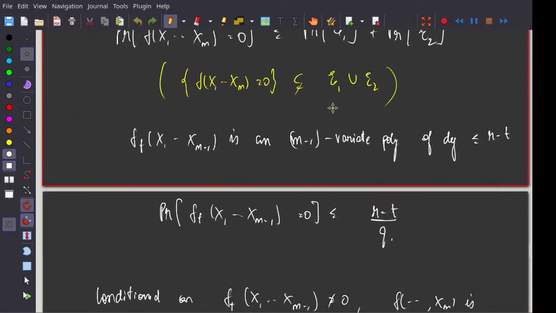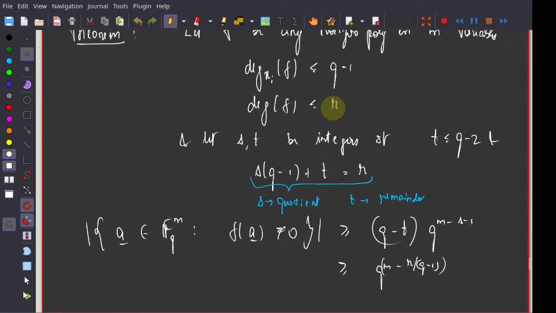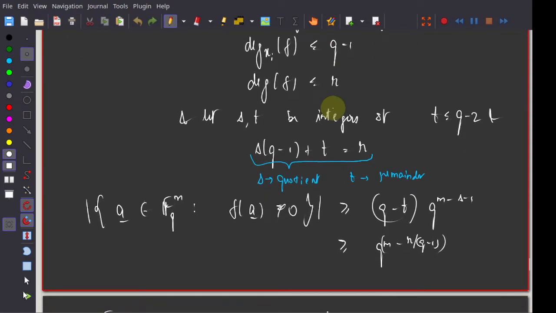Now in the last class, we also generalized this to the case where R could be greater than Q. We got a slightly more complicated looking bound. The number of points for which any general polynomial of degree R in m variables is not equal to 0 can be lower bounded as follows.